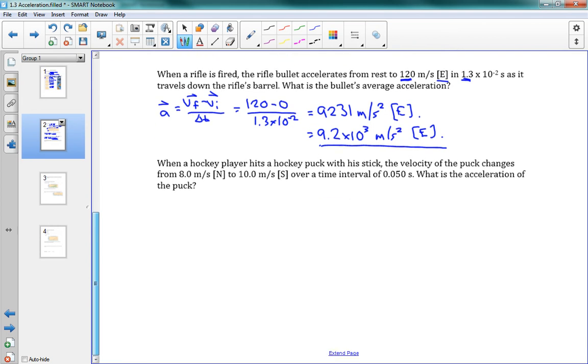When a hockey player hits a hockey puck with his stick, the velocity of the puck changes from 8 meters per second north to 10 meters per second south over a time of 0.05 seconds. What's the average acceleration of the puck? Again, a equals Vf minus Vi over delta t.